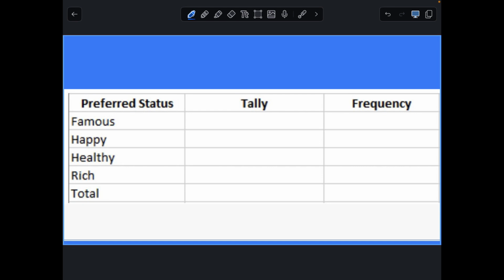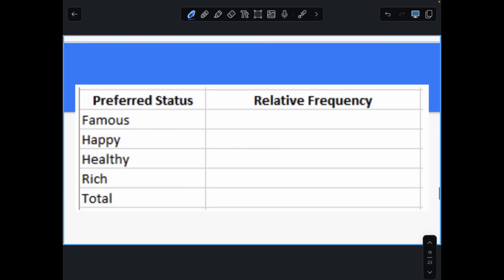You end up finding that 7 people chose famous, 21 people chose happy, 4 people chose healthy, and 8 people chose rich. And if you need to confirm, you add them all together, and you do indeed find that you have 40 answers there. Okay, so remember, frequency is the number. 7 people chose famous, 21 happy, 4 healthy, and 8 rich.